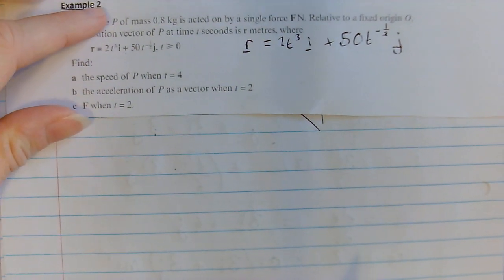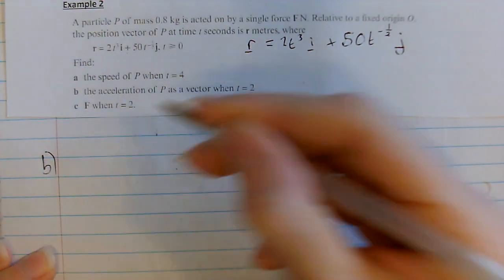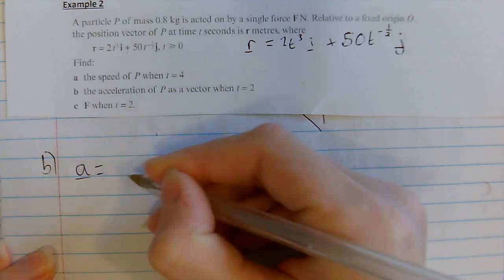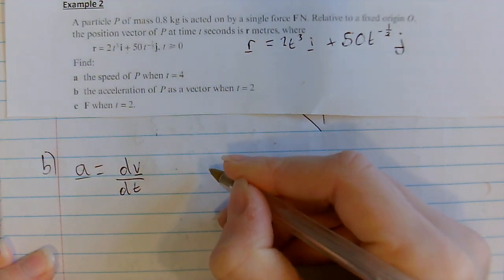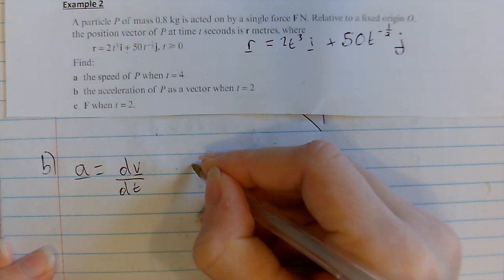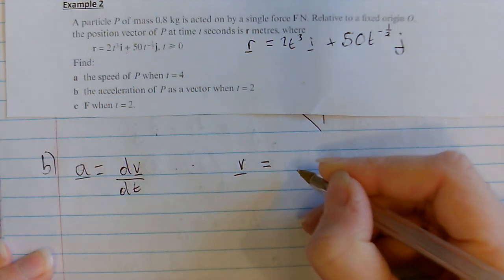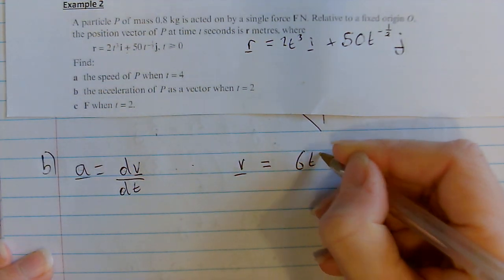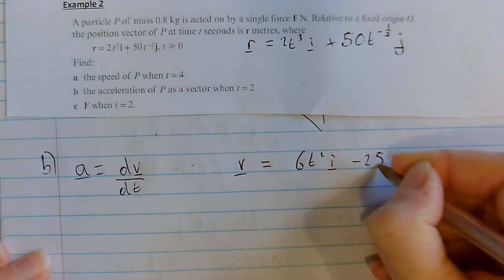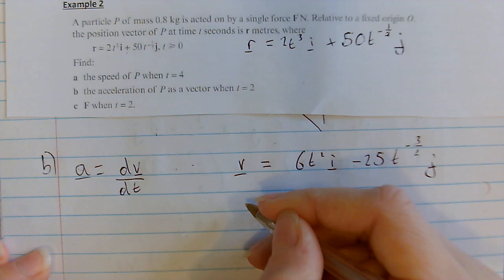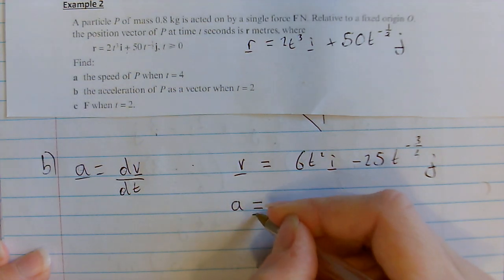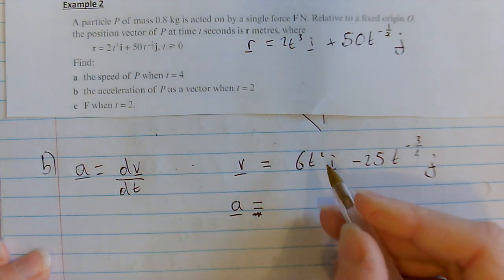So remember, for part B, acceleration is dv by dt. Okay. And I'm going to differentiate. Remember, v we found from the last question, part A, was this. So if that's v, if I want to find a, I'm going to differentiate this.